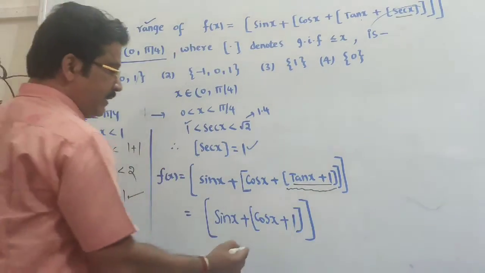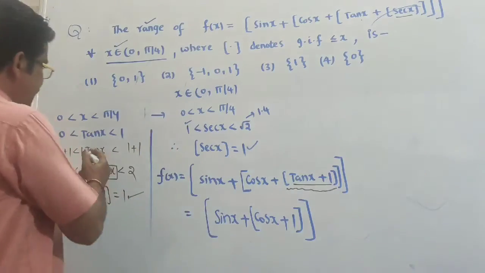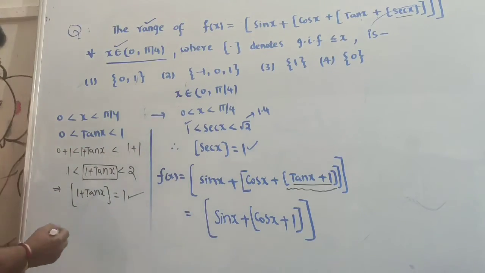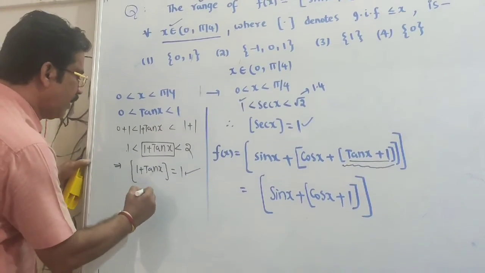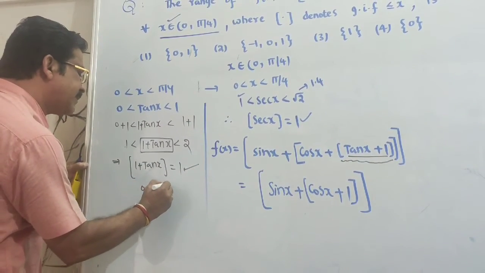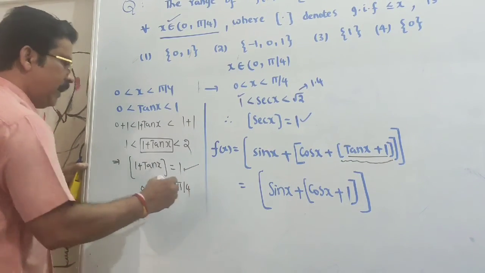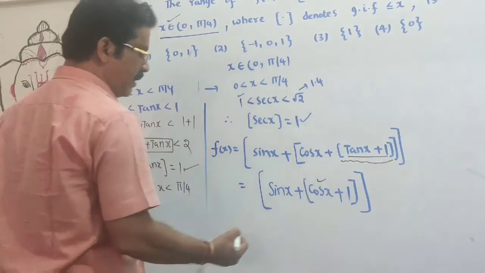Now we have to find the value of cos x plus 1 in the same interval. Let us consider once again 0 less than x less than pi by 4. Now first we apply cos.